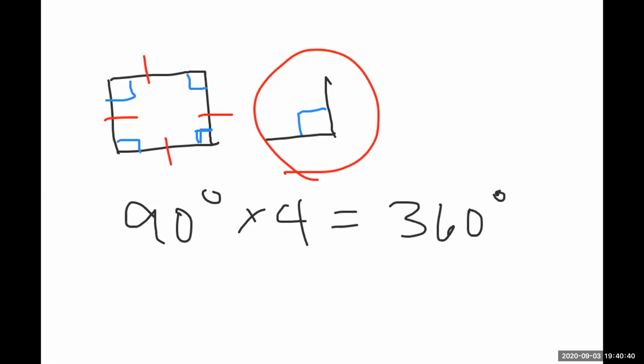That's how many interior degrees there are for a square, okay? Now, if we had, let's say, a pentagon, for example, okay?